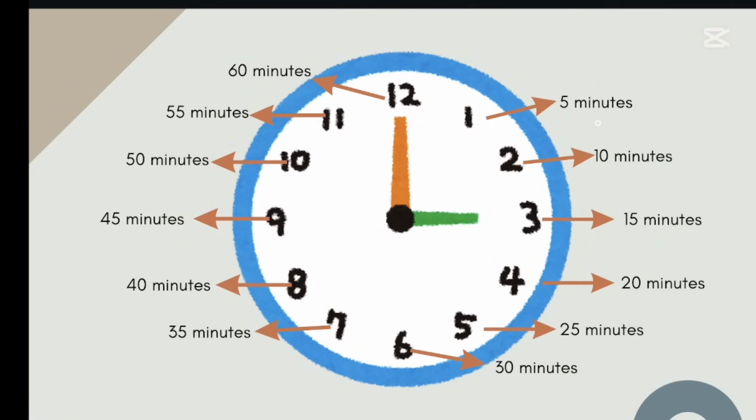And 12 is for 60 minutes or an hour. So we just simply skip count by 5, like 5, 10, 15, 20, and so on until we reach the 60 minutes or the 1 hour time.